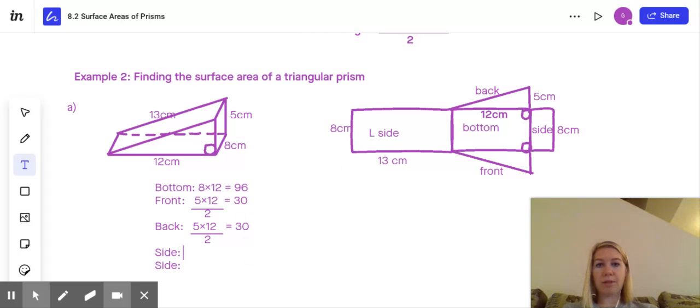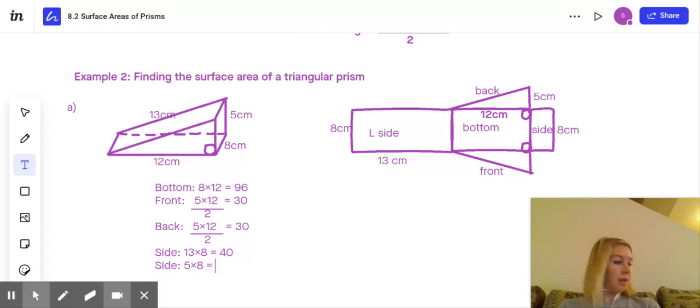Okay, and then we have two sides. We have this left side, which is a rectangle, so we just need to do base times height, and the base is 13 times 8 is the height. And I know 13 times 8 is 40. And then we have the right side. The base is 5, so 5 times 8.